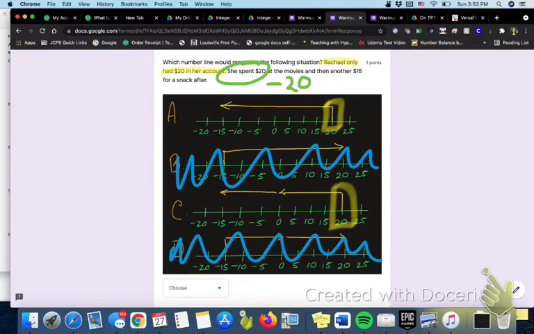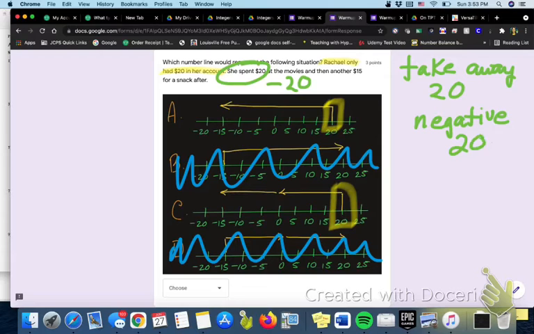We know from our lessons last week that taking away money could really mean either thing. You could look at it as taking away $20, or you can say you're doing a negative 20. It really means the same thing. And in both cases, we go to the left when we're talking about a negative.